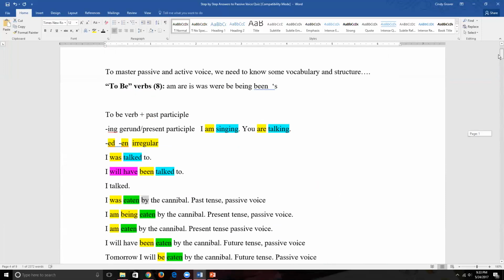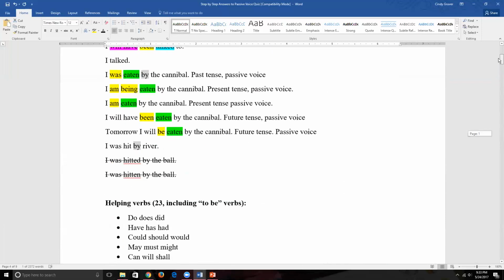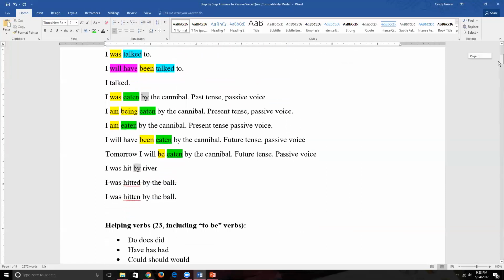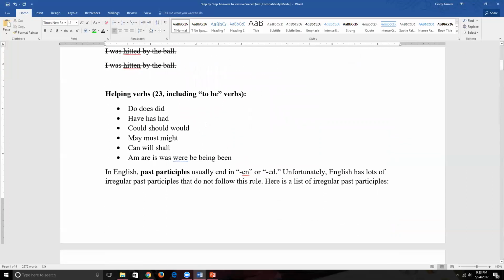So as you're trying to diagnose the tense of the sentence, these are going to be present tense signals. I'll put those in yellow. These are going to be past tense signals. I'll put these in green. As we're looking at our helping verbs, we'll see did is going to be past tense. What color did I use?